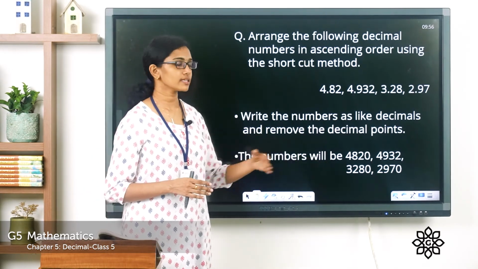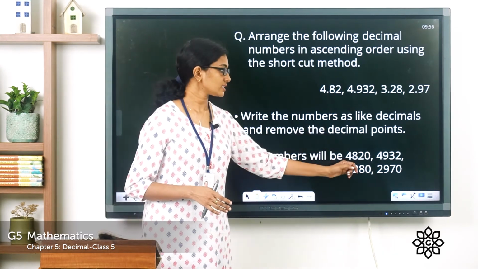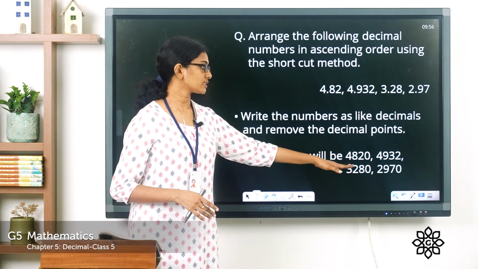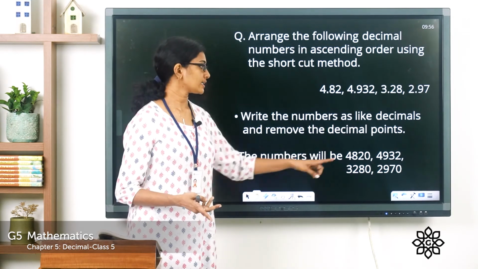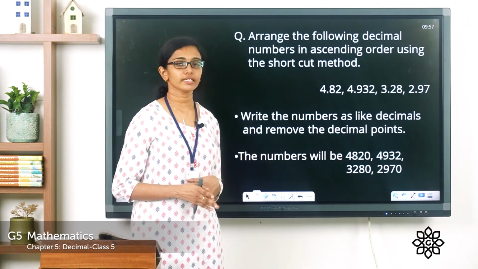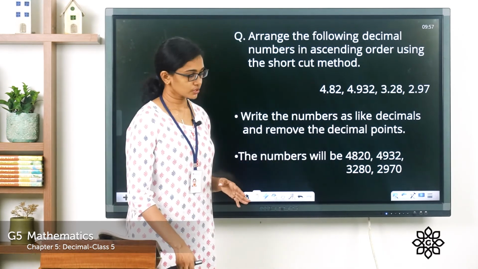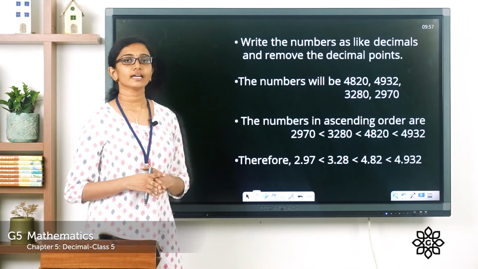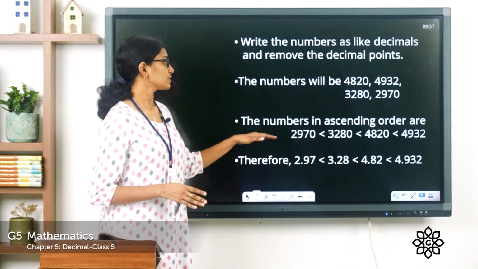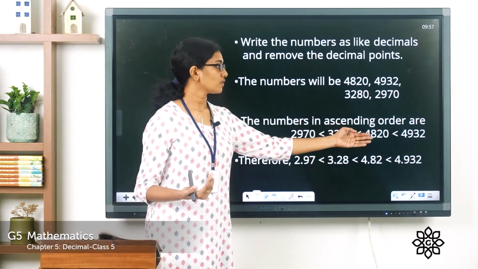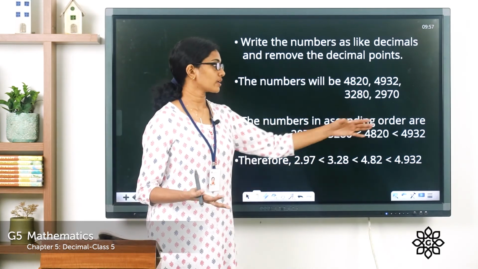Now let's compare them easily. So which is the smallest among these 4 numbers? It is 2,970. The next comes 3,280. Then comes 4,820 and then comes 4,932. So ordering them, we get the ascending order as 2970 less than 3280 less than 4820 less than 4932.